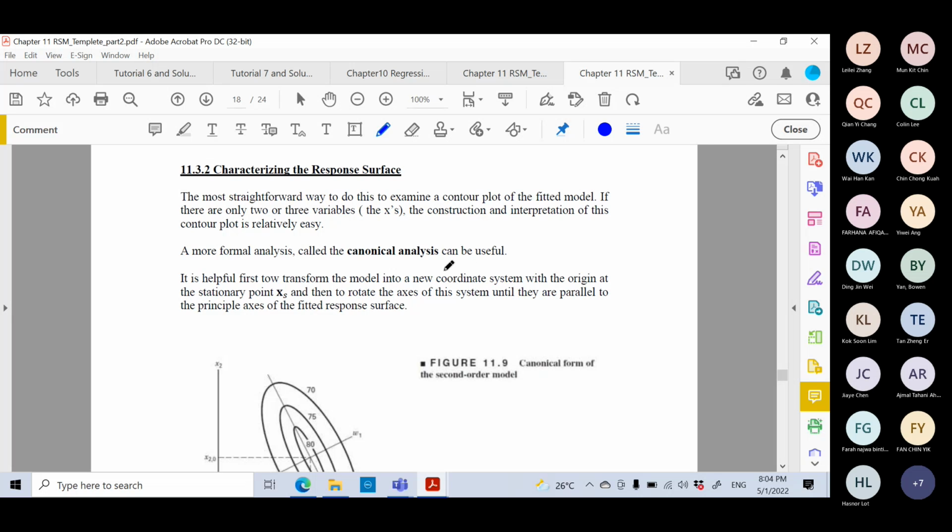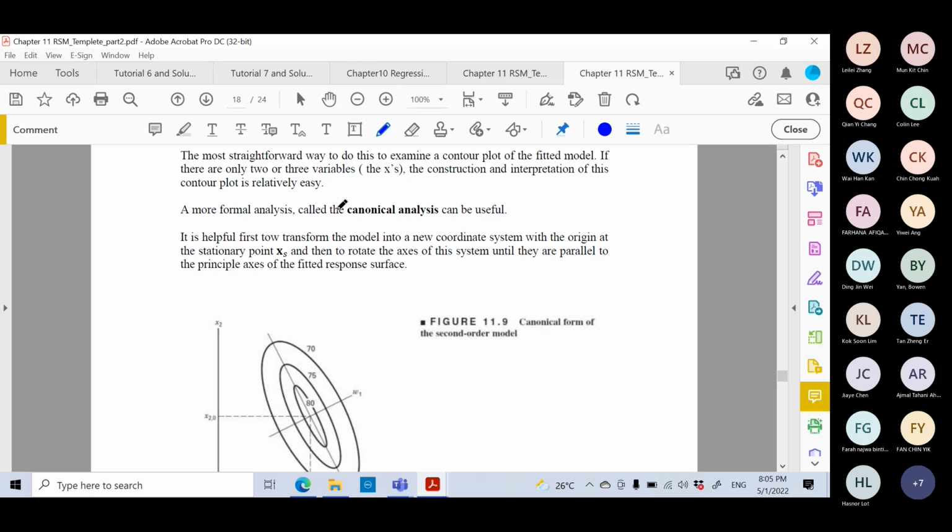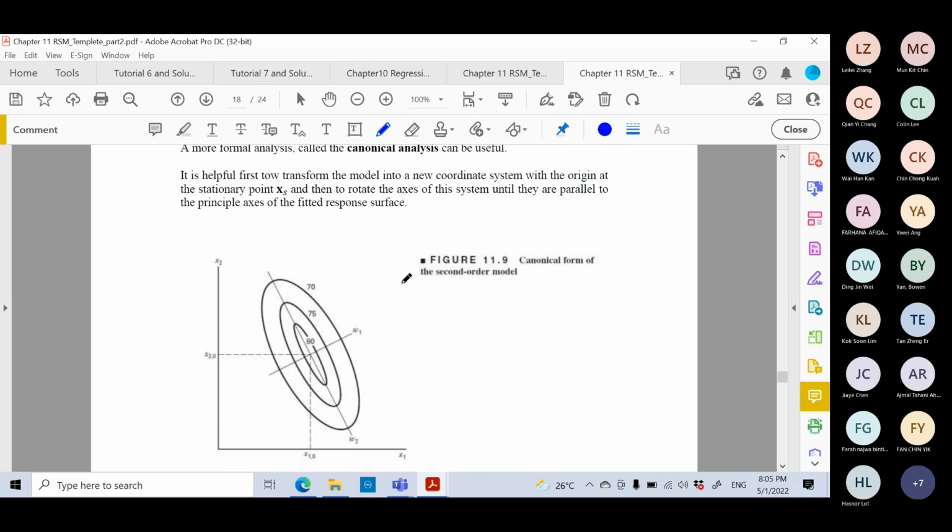So we will use the formal way, the canonical analysis, where we can analyze how to identify the stationary point here. How we do it using this analysis is that we transform it, as you can see from this diagram. Before that, the directions are x1 and x2 on the x-axis and y-axis.